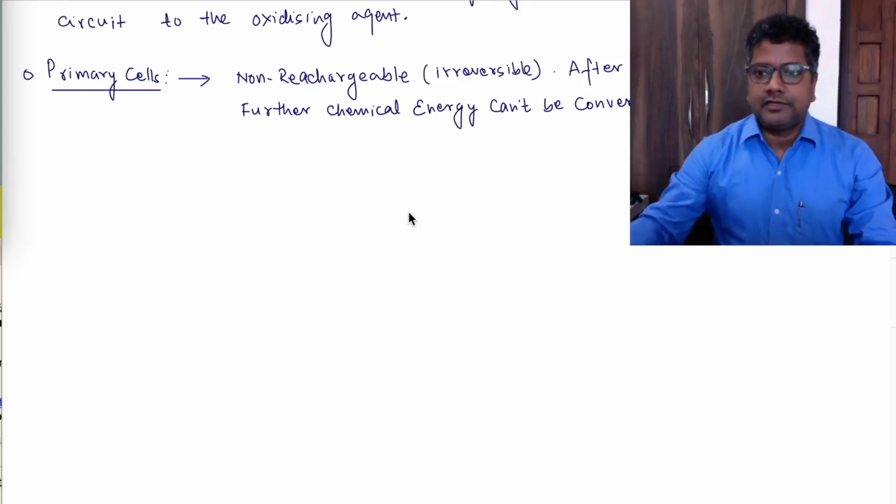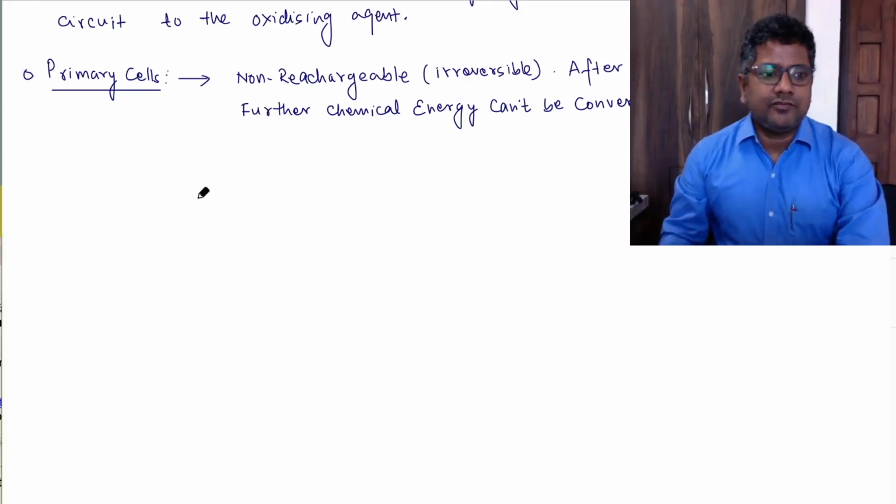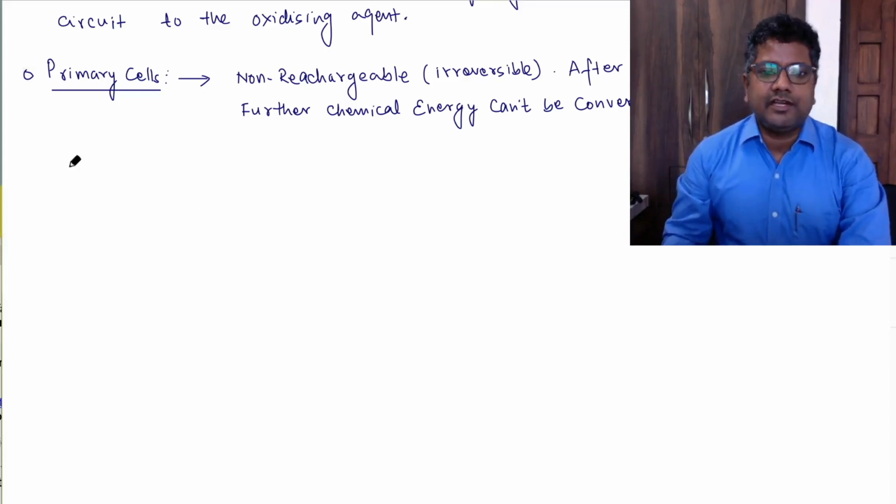Okay, let's see some examples. The first primary cell is the copper-zinc Daniell cell.